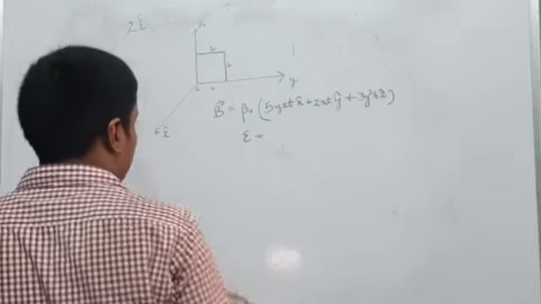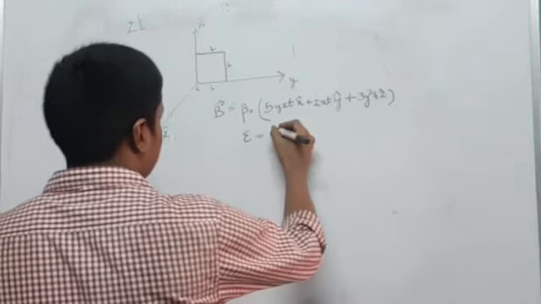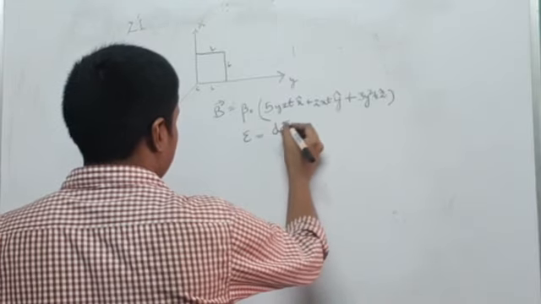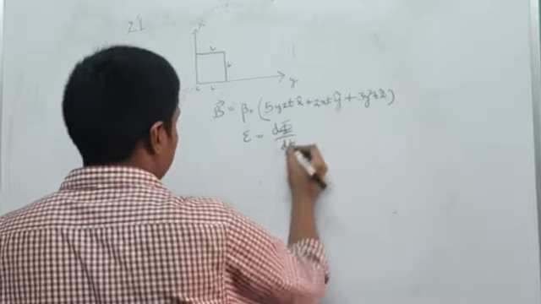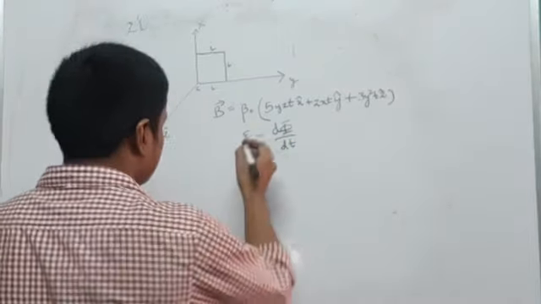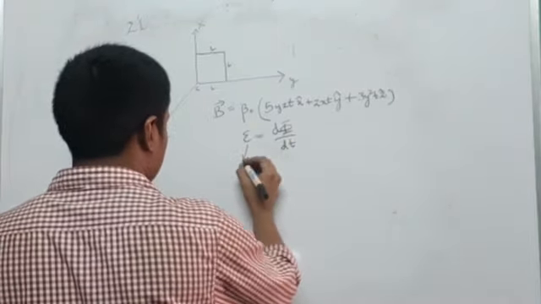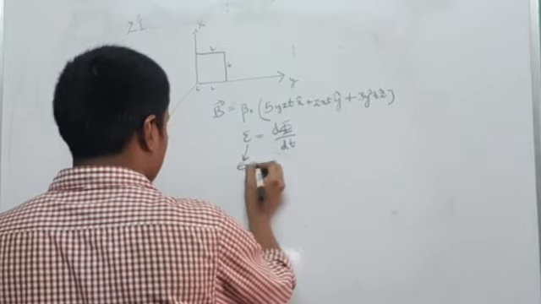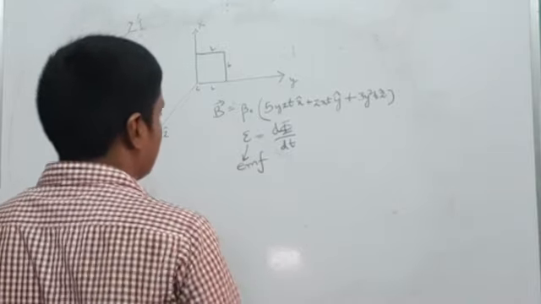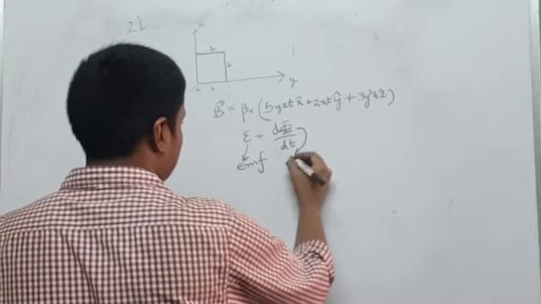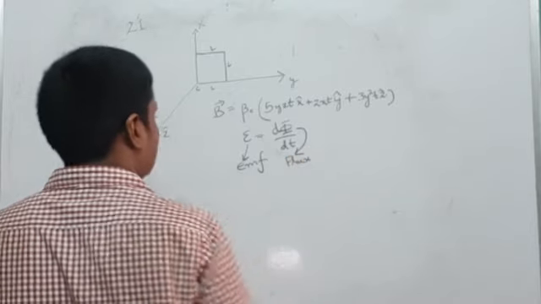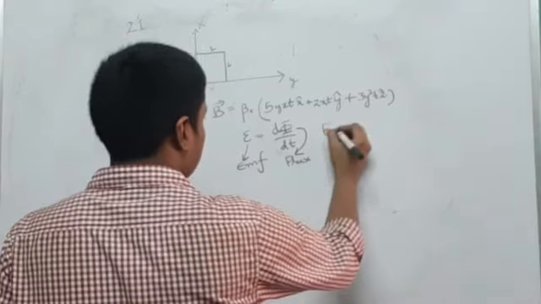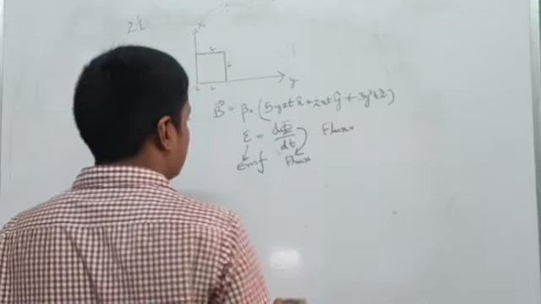Now, the EMF is simply given by d phi by dt, where epsilon is the induced EMF and phi is the flux. How do we calculate flux?